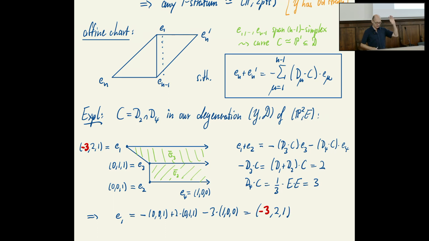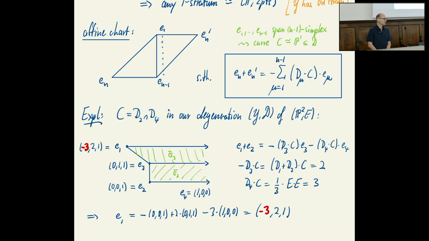So 3 times the whole thing is the self-intersection number of the elliptic curve, which we know is 9. So totally we get 9 over 3 is 3. Okay, so then you plug it in, you get minus 0, 0, 1. That comes from the E2 plus 2 times that, and then minus D4 times that. That's a -3, and you compute the -3 to 1.